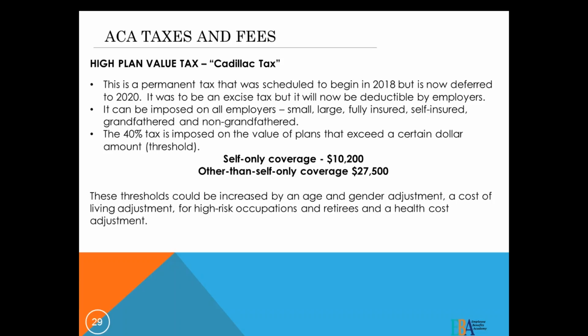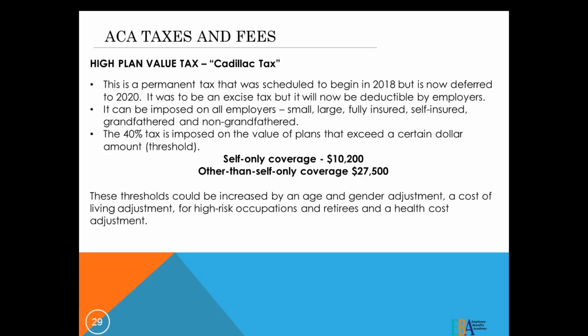This is really great news for employers, especially those with employees subject to collective bargaining agreements. But the tax can impact all employers: small groups, large groups, fully insured, self-funded, partially self-funded groups too, grandfathered or non-grandfathered.